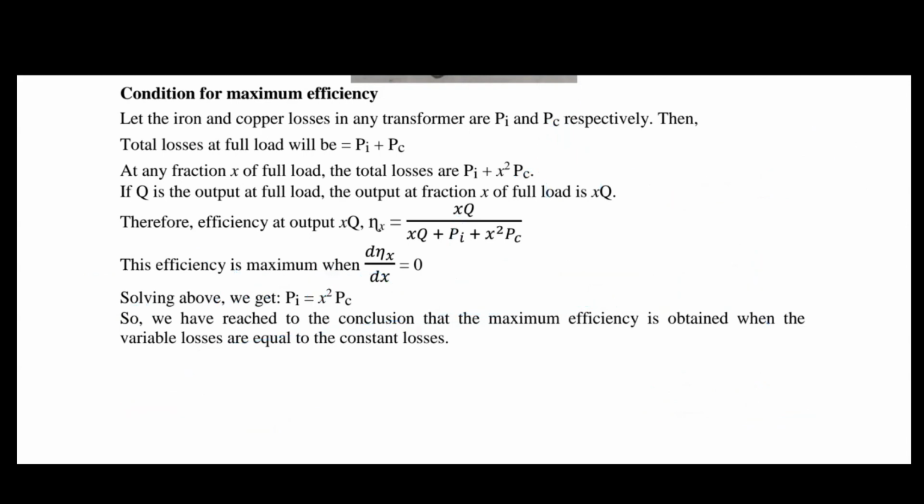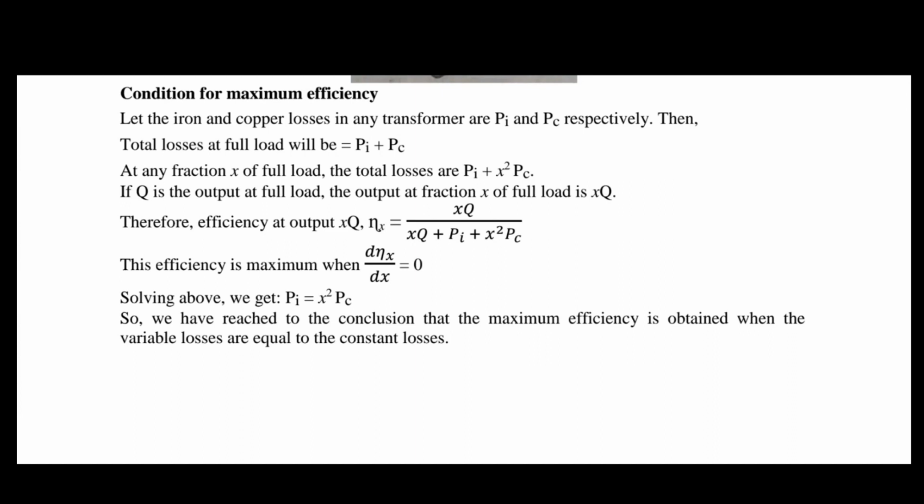There are a few other losses also, say windage and friction losses due to wind or any friction. But first of all, the transformer is a very efficient machine, so in laboratory conditions also we can get an efficiency of 95 to 96%, and under controlled conditions 99% efficiency is easily achieved.